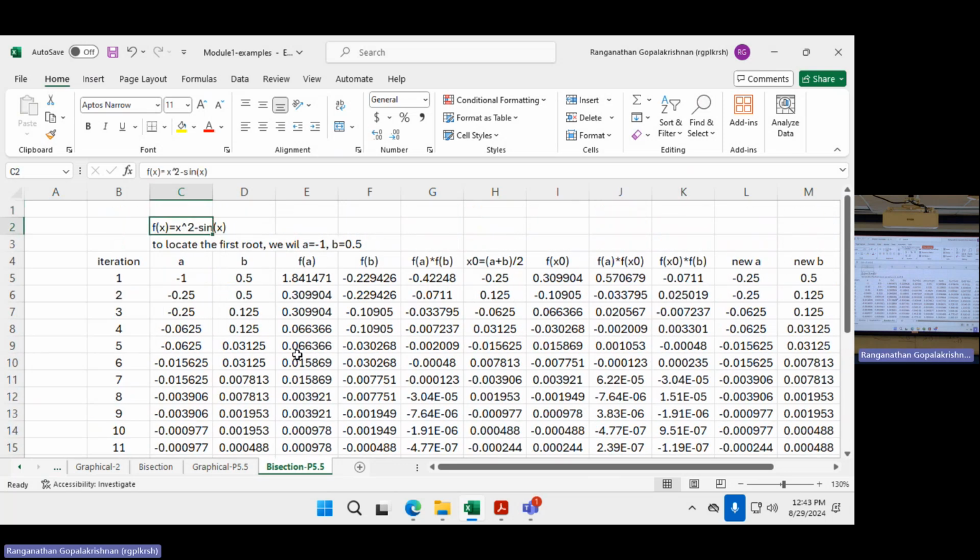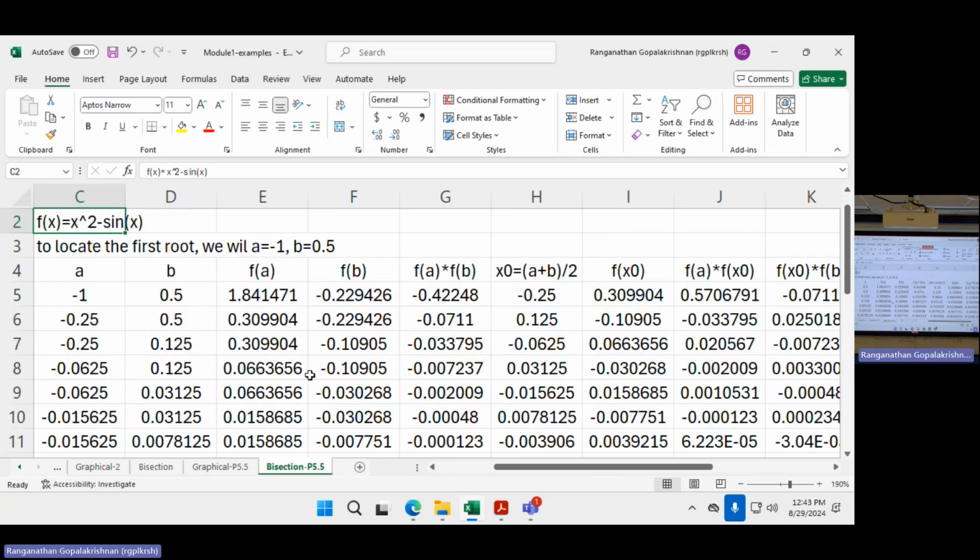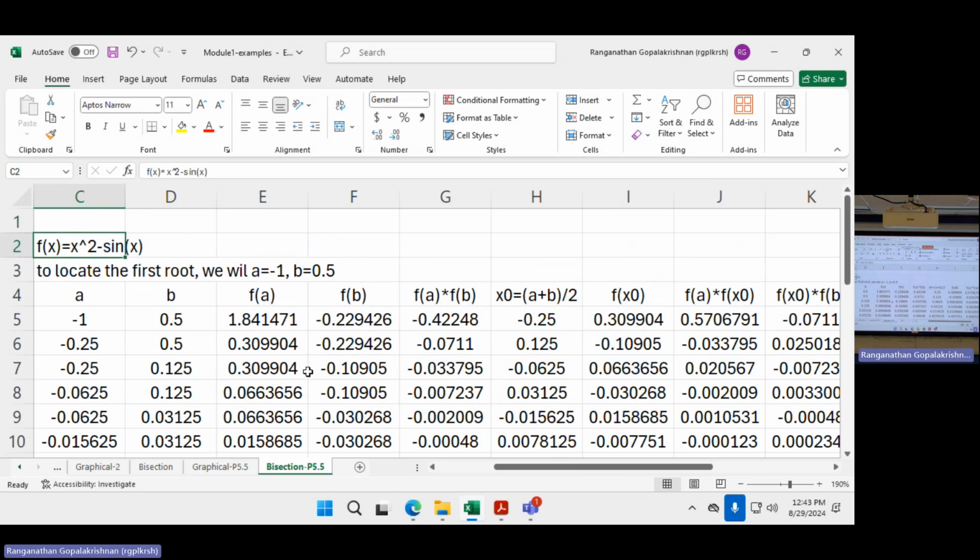If you look at this function, x squared minus sine x, 0 is a root, isn't it? 0 satisfies the equation. Your iterations are becoming smaller and smaller, like minus 10 to the power minus 7 and plus 10 to the power minus 7. They are squeezing in on 0. You can do more iterations. Eventually, you will get 0 down to the level of round off in this Excel software.